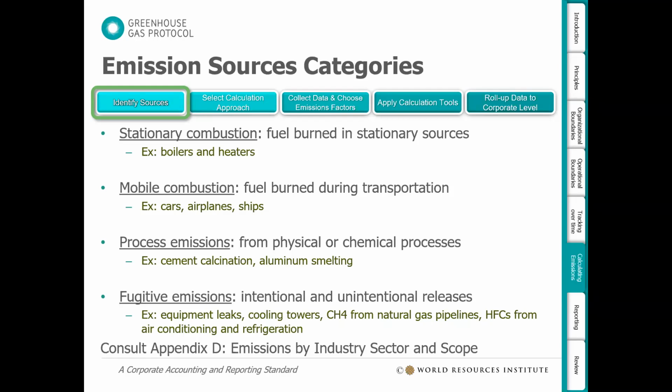So Appendix D provides that information. However, for the purpose of this training program, we're going to focus on cross-sector sources, namely stationary combustion, mobile combustion, the fugitive emissions of refrigerants from refrigeration and air conditioning equipment, and electricity consumption.